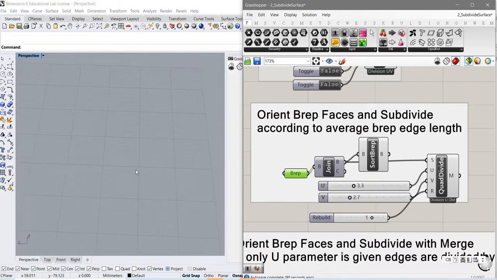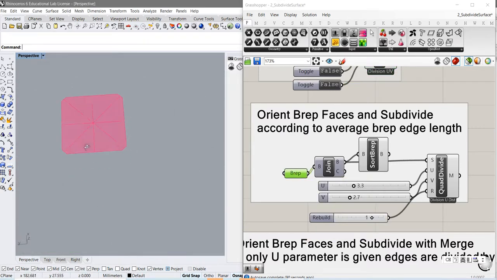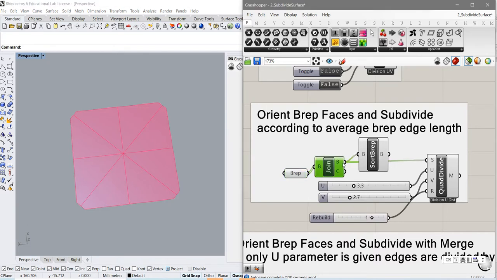So now we think about this very simple brep. It consists of 1, 2, 3, 4 quadrangles, because here the corner is truncated, so it becomes a quadrangle, and it consists of 8 quadrangles. 8 surfaces. We join them, so now it becomes one single brep. And then we sort. You don't see any difference.